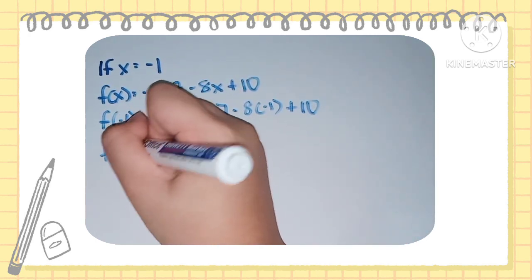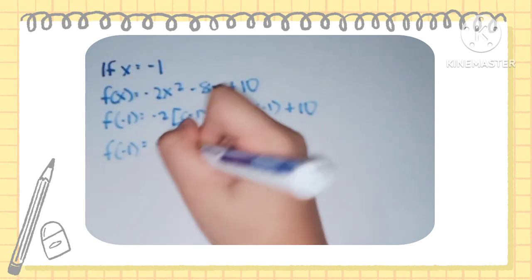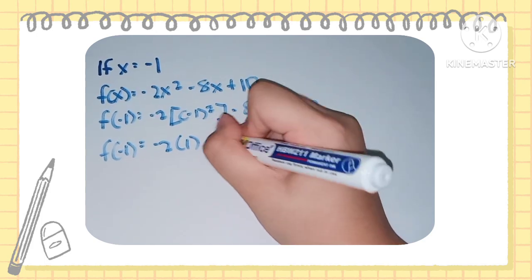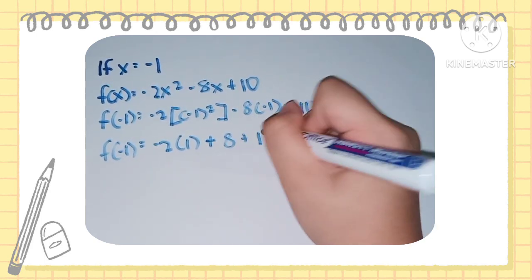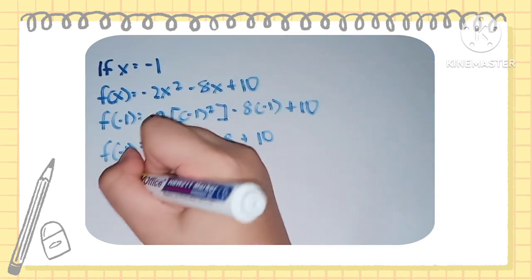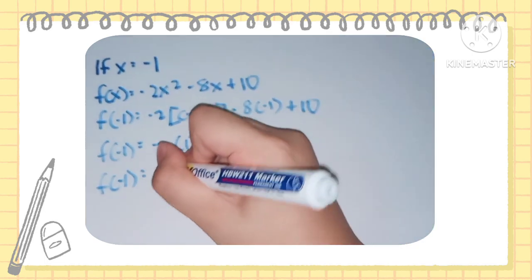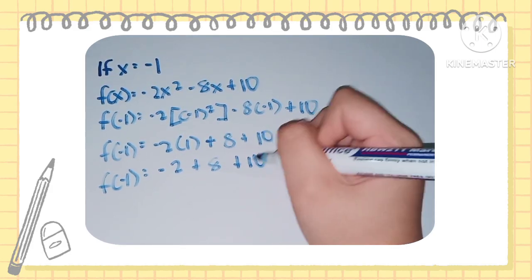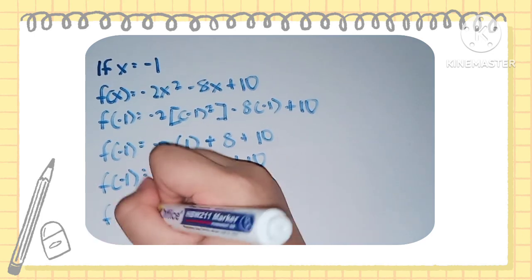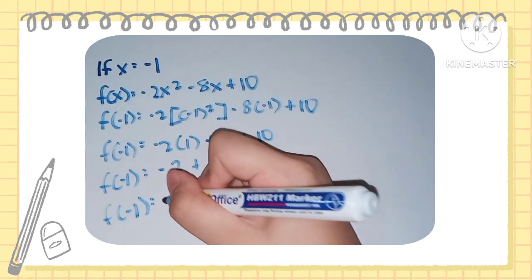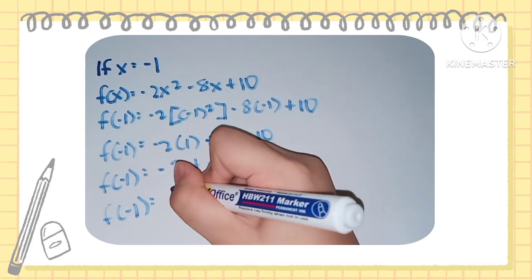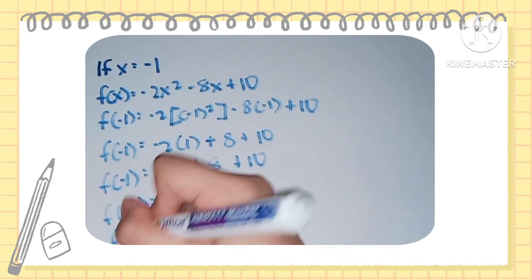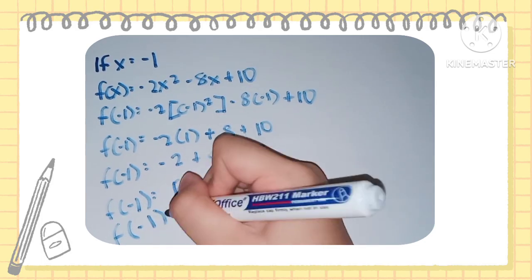We're going to solve. f of negative 1 is equal to negative 2 times 1 plus 8 plus 10. f of negative 1 is equal to negative 2 plus 8 plus 10. Negative 2 plus 8 is equal to 6, plus 10. So 6 plus 10 is equal to 16.